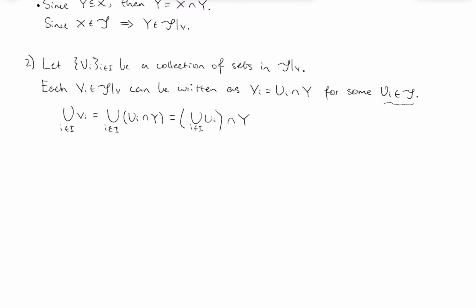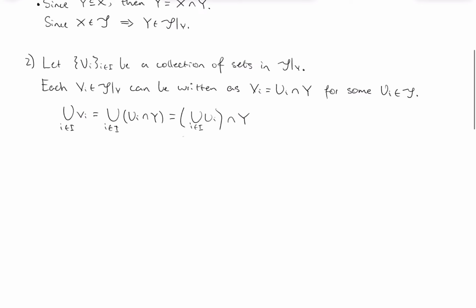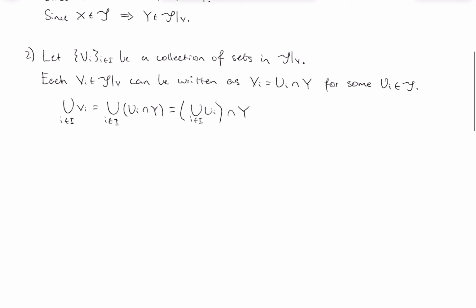Because you're taking an arbitrary collection of Ui in the topology, you're taking their unions, because X is a topological space, those sets here are closed under arbitrary union.